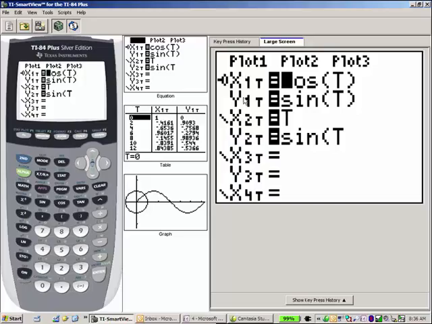So go ahead and put in for x1 cosine t, and go ahead for y1 sine t. Like alpha t? Nope. Actually, that's a great question. I didn't say it. If you hit the x button, x actually can stand for x, t, theta, or n, depending on which mode you're in. And I am going to clear and clear.